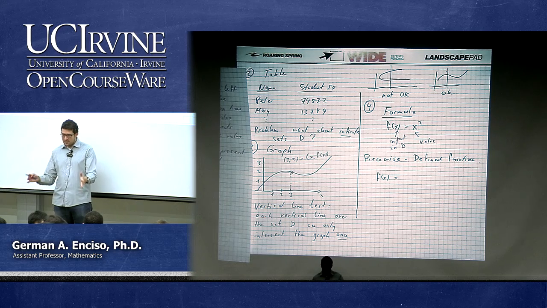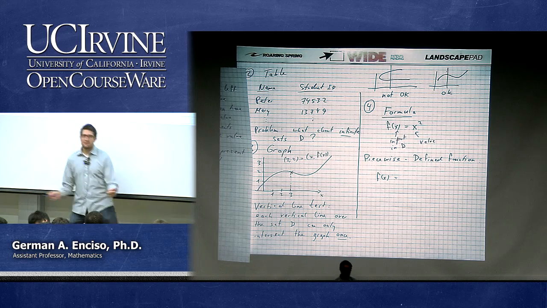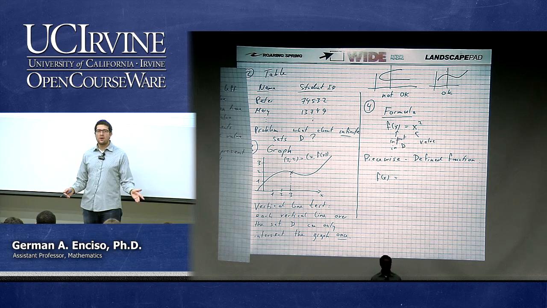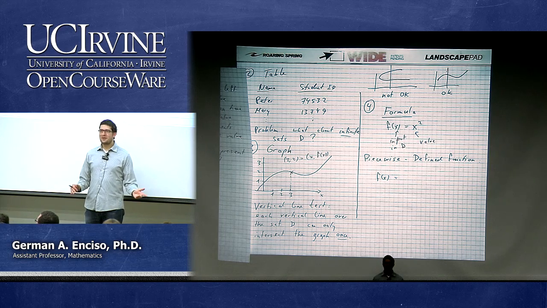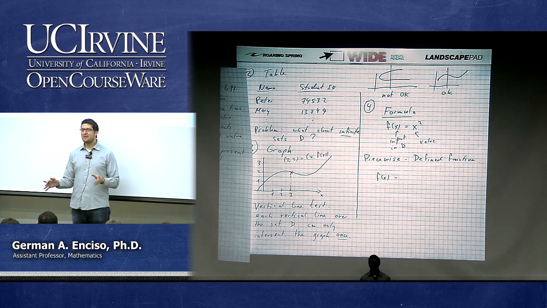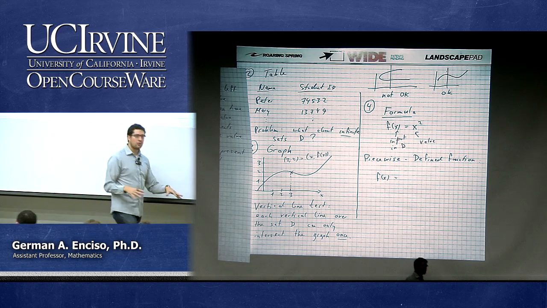But if the income is in a certain range, it's one formula. If the income is in another range, it's a different formula. I don't know how many of you guys have done your own taxes, so maybe I'm not sure it's the best example. But the point is, sometimes there's more than one formula in the same function, depending on the range.